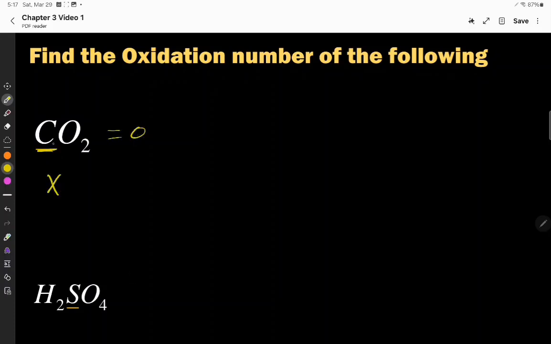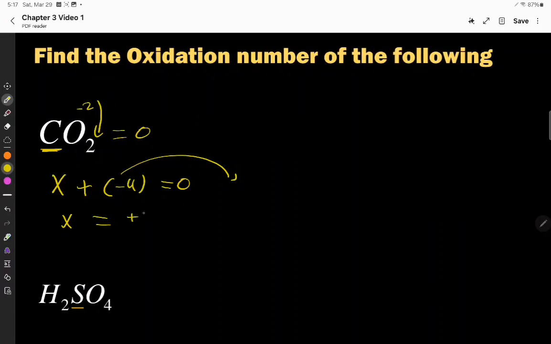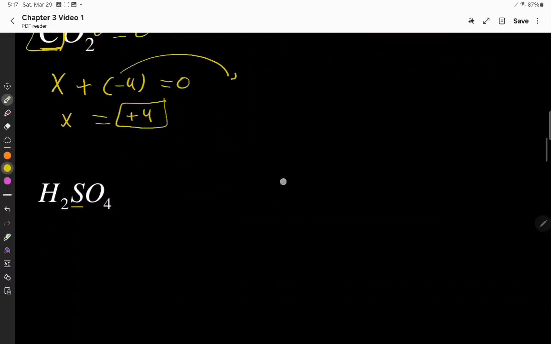We'll say X, carbon, plus oxygen, it is negative 2. Negative 2 times 2 will be negative 4 equals 0. Now X equals, this will be after the plus sign, so it will be positive 4. What is the oxidation number of carbon in this compound? It will be positive 4.